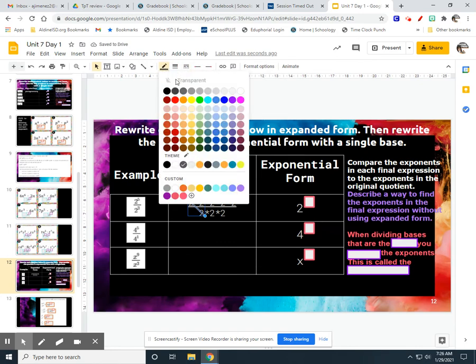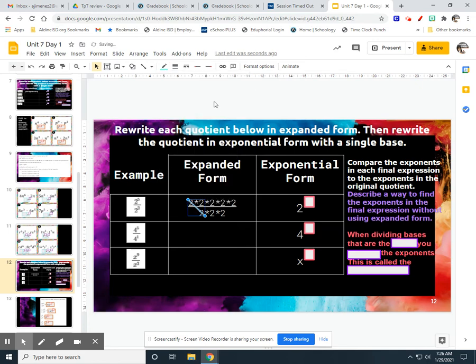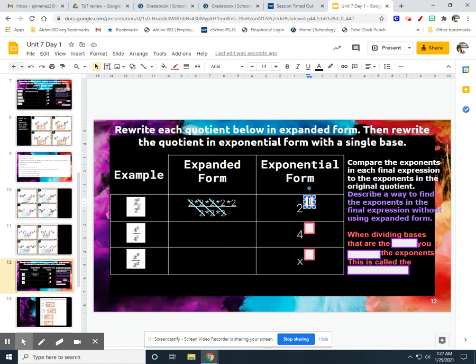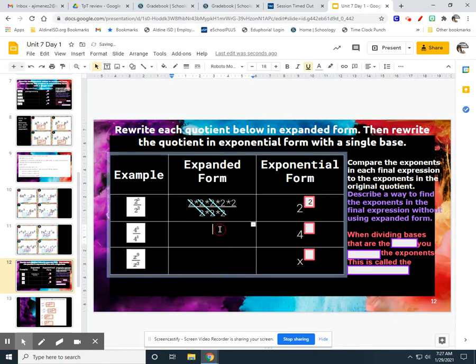What about this light blue. All right. And then we have another 2 on the top and the bottom, and another 2 and the 2 at the bottom. Okay, so that right there is telling me how many 2s I have left over. 2. All right, we're going to do this one right here.